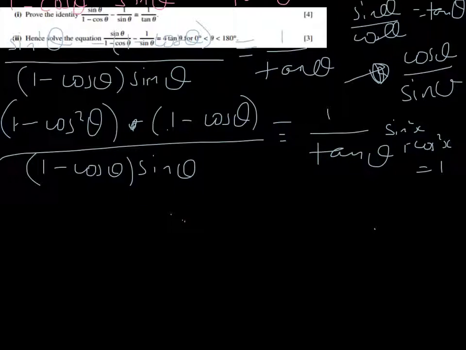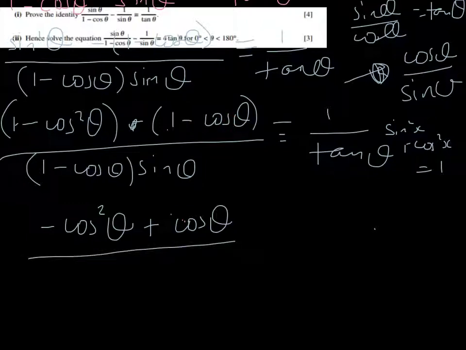And I'm going to get, oops, I think it's negative cosine squared, plus cosine theta here, negative cosine theta there. And that's still all over 1 minus cosine theta sine theta.